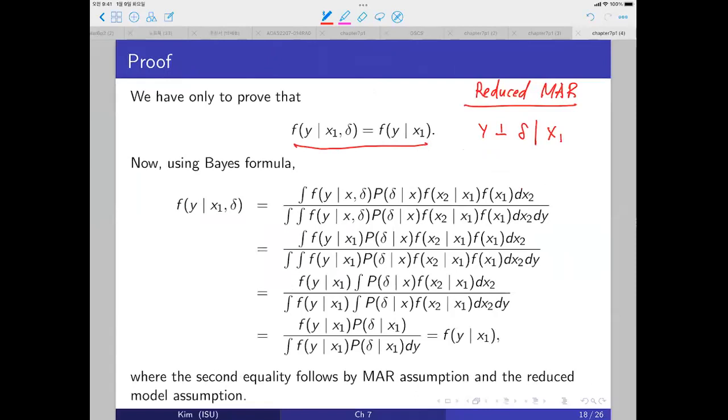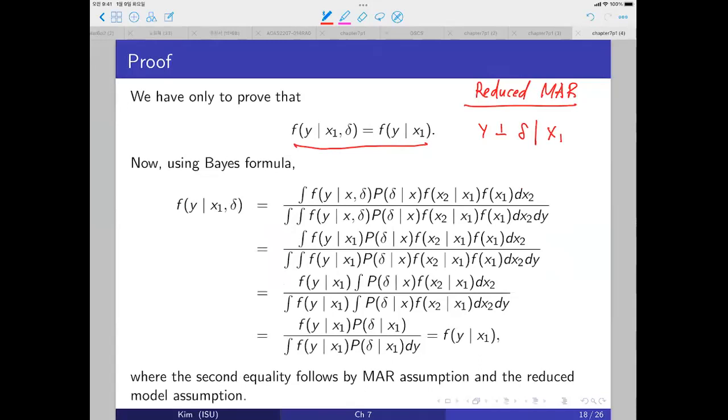Well, you basically consider the joint density and then integrate out over unnecessary things, right? So here you have a marginal density of X, and then X2 given X1, and delta given X and Y given X. That means what? Full joint, right?